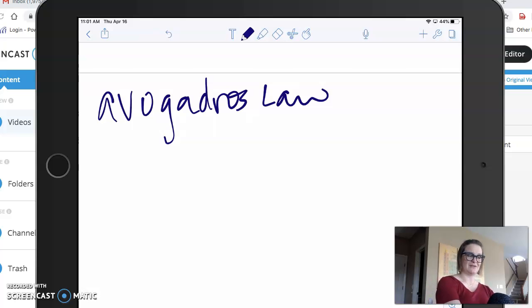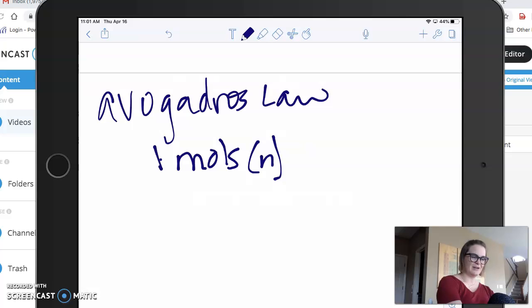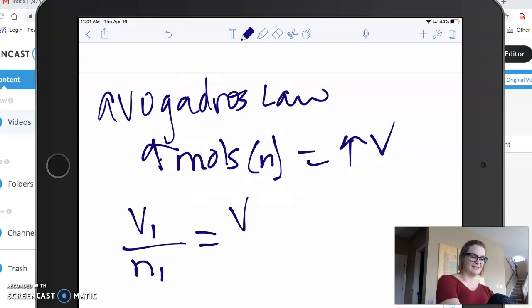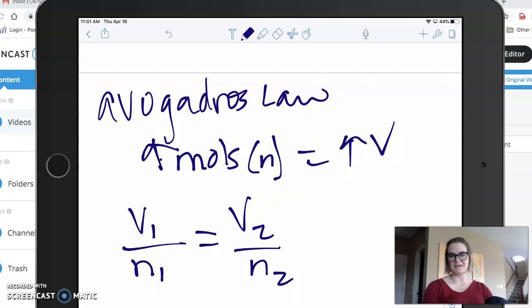Yep, it gets bigger. So if you take moles, which they use the letter n to represent, if you add more gas, the volume also gets bigger, which is a direct relationship. So you can also use this law if you ever have a problem with volume and moles in it.